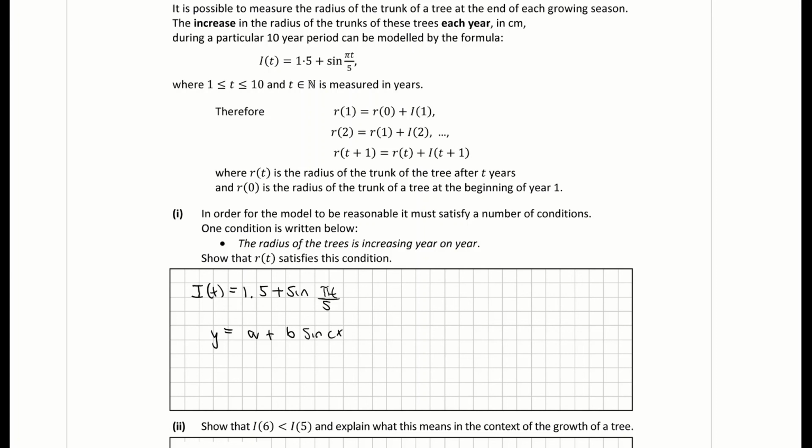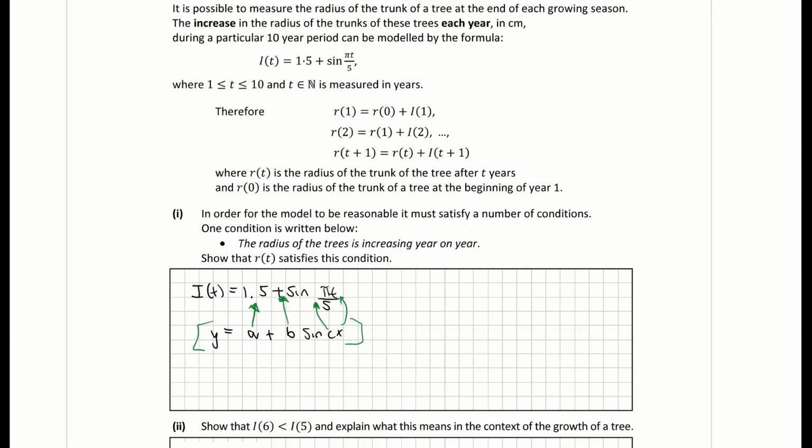So that's your general form here. If we match these up, my a is my 1.5, my b is the number in front of the sine, which would be 1, and my c would be my pi in this case. My x would be my t. So I'm just matching up the general form here.